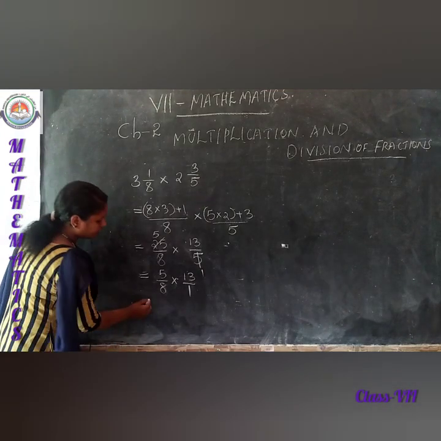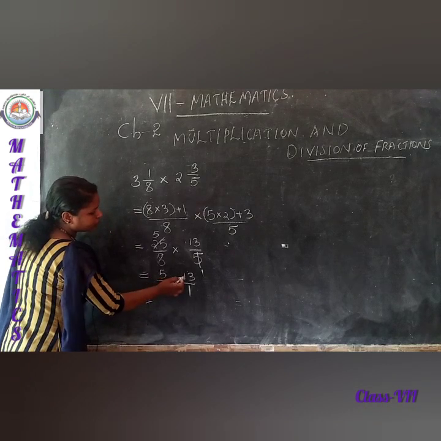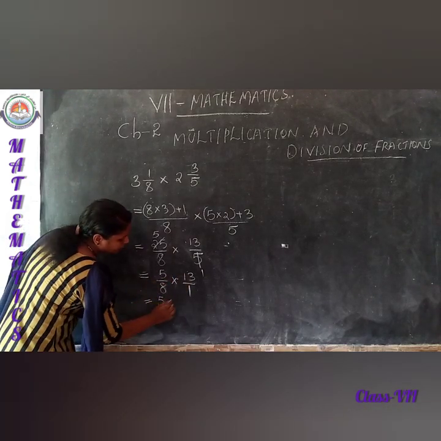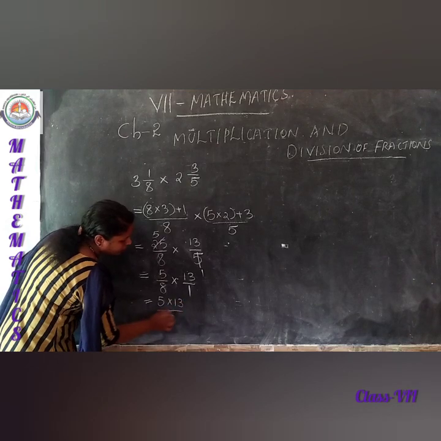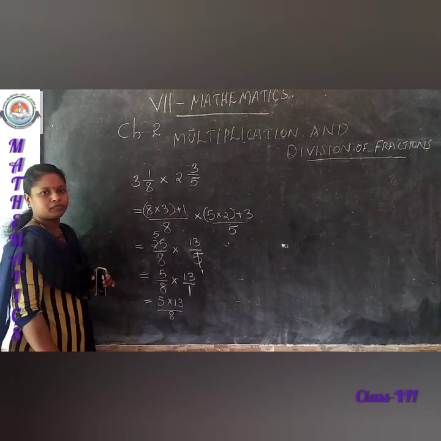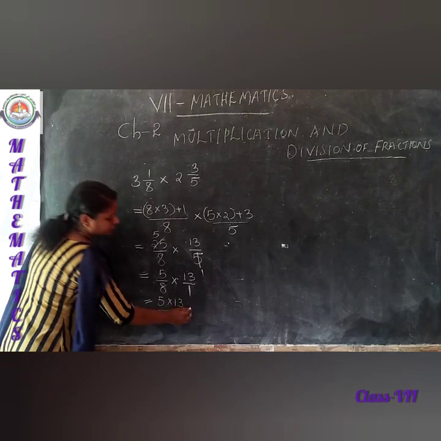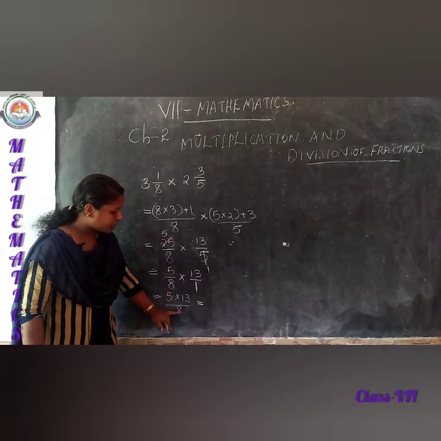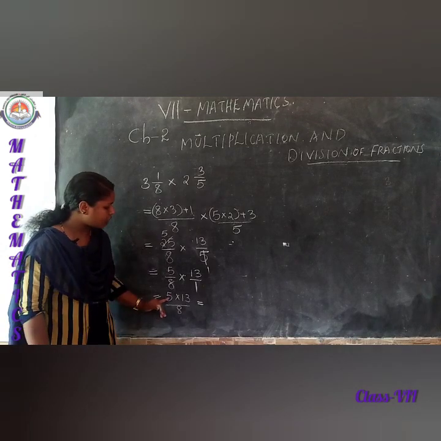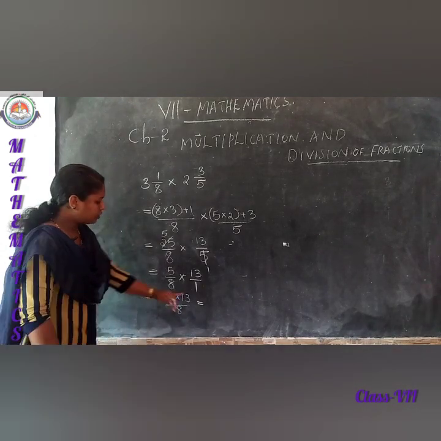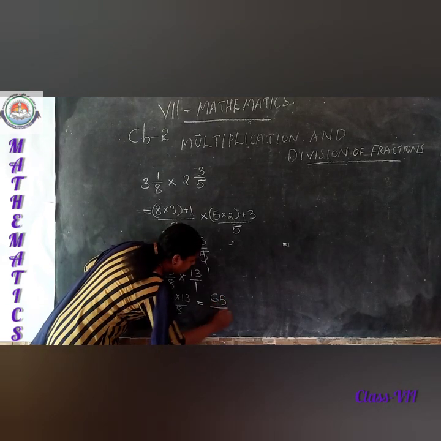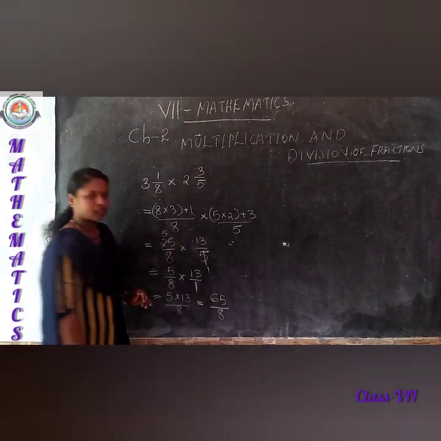Then we need to multiply the numerators, that is 5 into 13 by 8. What is 5 into 13? 13 into 5 is 65 by 8.